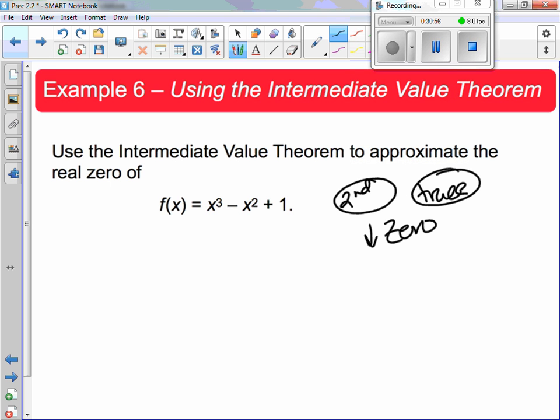Now hit second trace and scroll down to 0 and hit enter. Now you should see a little flashing mark on there. Do not use up and down. Use the left arrow because it says left bound, yes?